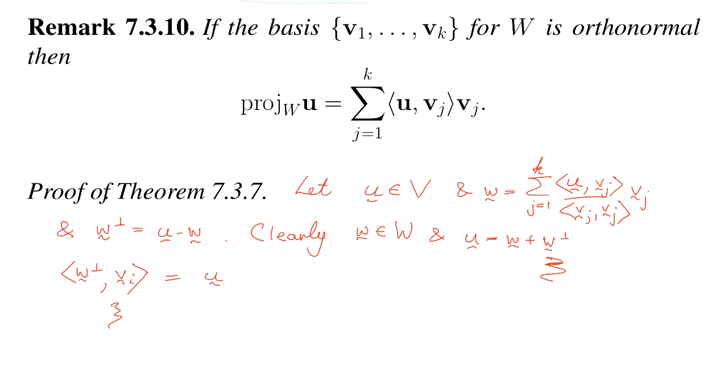So we just need to take the definition of W perp, which is U minus W, and take the inner product with Vi. Linearity says this is the inner product of U and Vi minus the inner product of W with Vi.